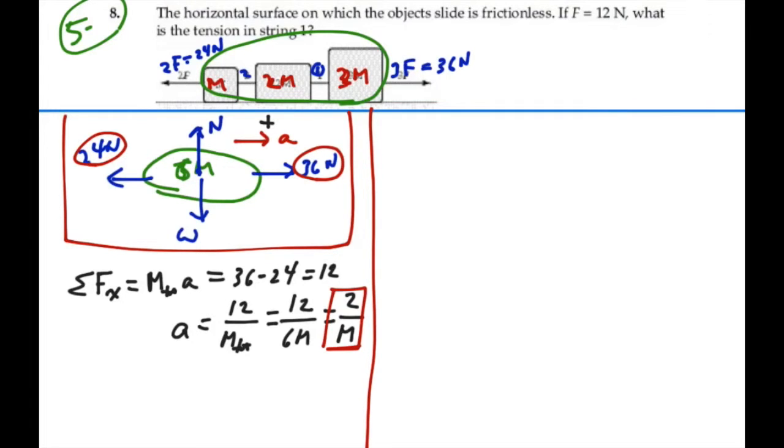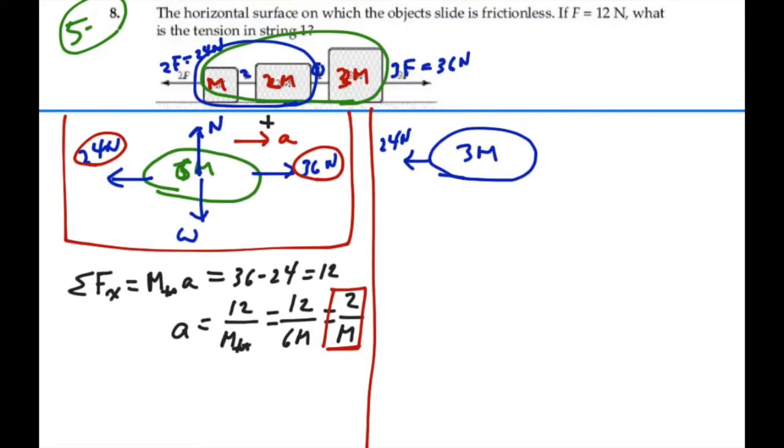We want to know the tension in string number 1, so let's try a different blob. Let's blob the first two blocks together like this. If we did a free body diagram of just those two blocks together, total mass of 3m, the external forces acting on it would be 24 newtons going to the left, because we still have that force on the left.